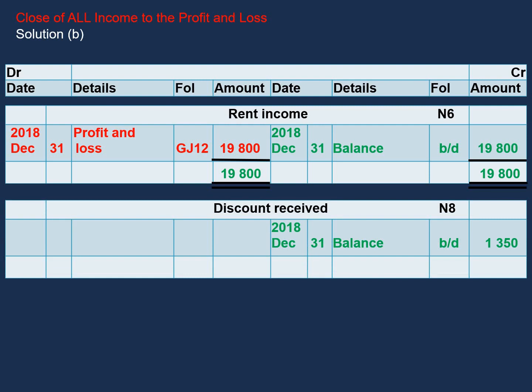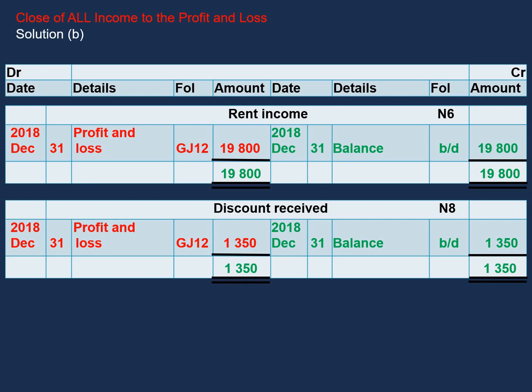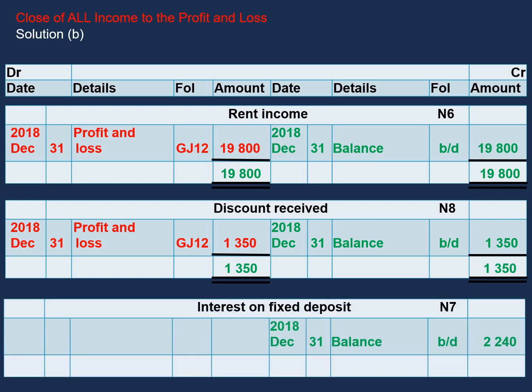Then our discount received will have a balance brought down of 1,350, and to close off the account, we will debit our discount received with the same amount, and again the description in the details column will be profit and loss. Also remember to total your discount received account, and our final income account is our interest on fixed deposit account.